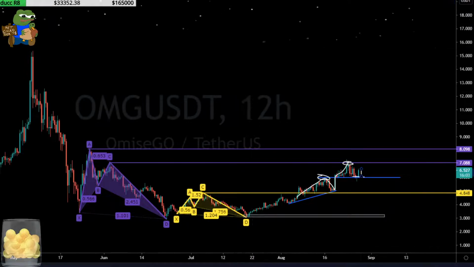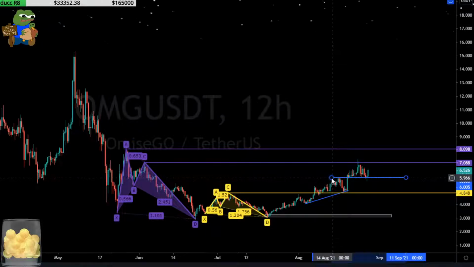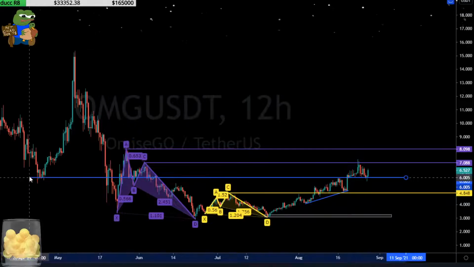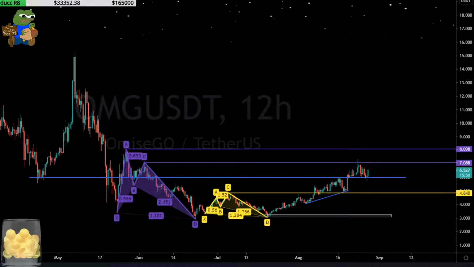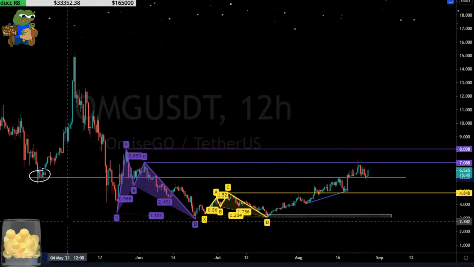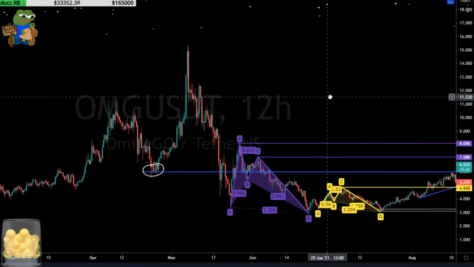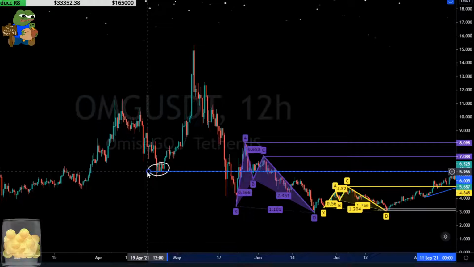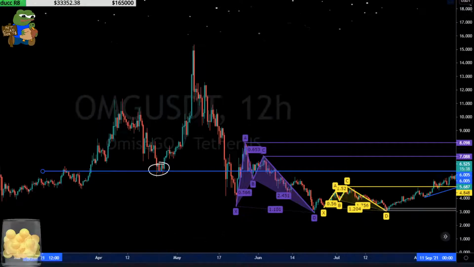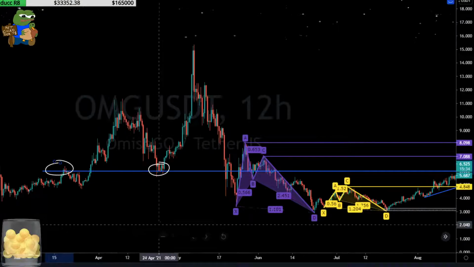Okay, so this is just really bullish price action. Looking back at this line, you can see how critical this is. If you see where this comes from back here, we could even go further back, and you can see this just continues to be a critical horizontal support resistance area.